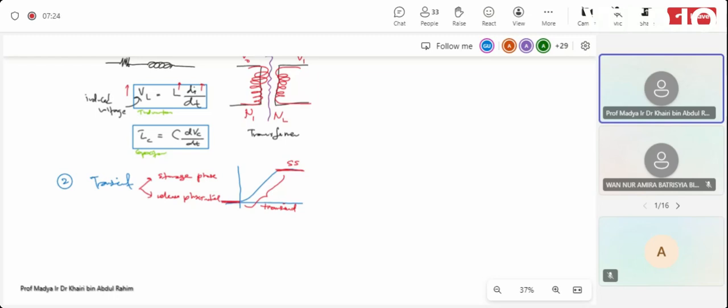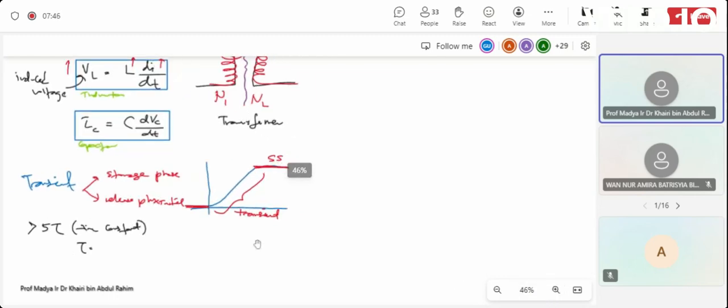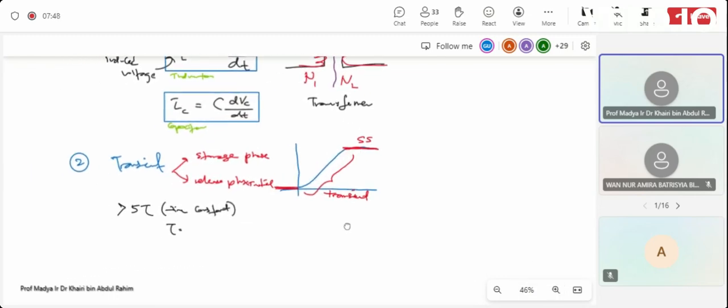So what else? So in transient, so this is transient, and we reach, as always, after 5 tau, okay, tau is the time constant. So tau equals, yesterday RC, and this time around it's L over R. Okay, so this is our tau.